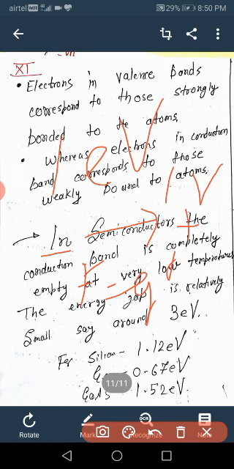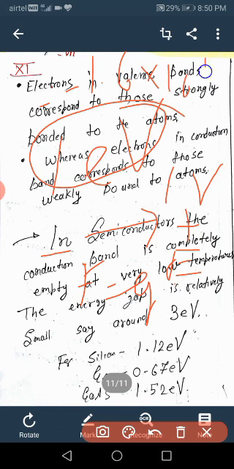So the electron will accelerate, and the energy that the electron gains is called 1 electron volt. This is the unit of electron volt, and it's a unit of energy. So 1 electron volt equals, I think, 1.6 into 10 raised to the power minus 19 joules. And I will send you the notes on this electron volt.